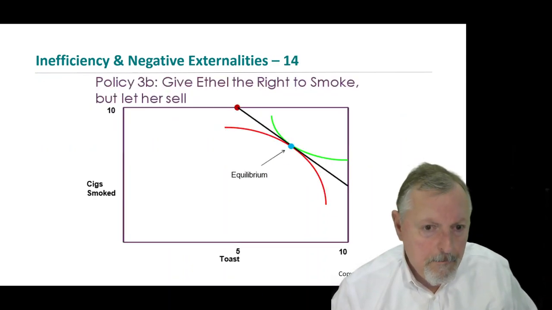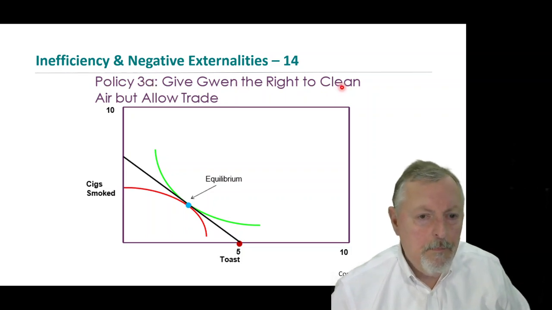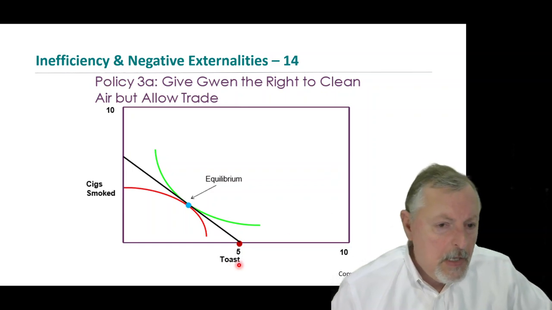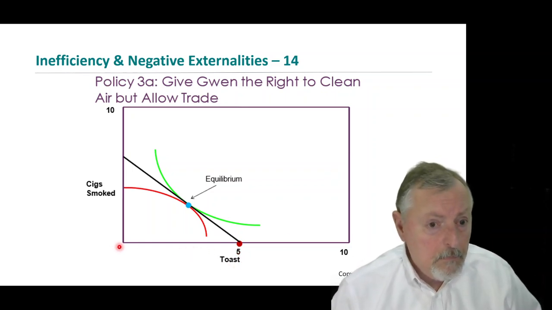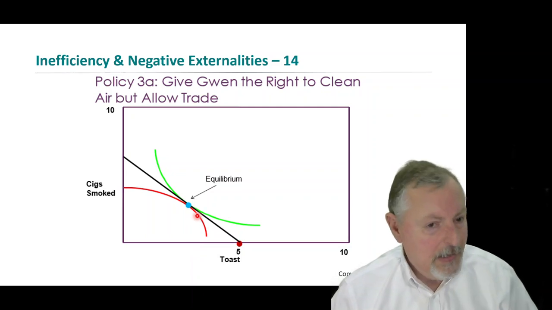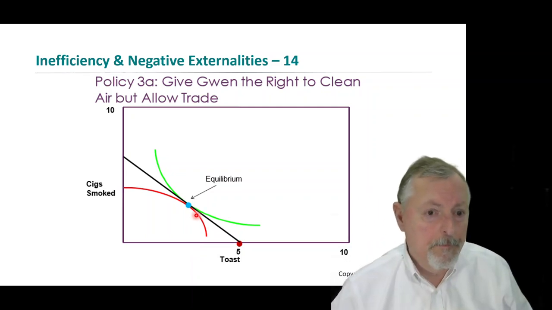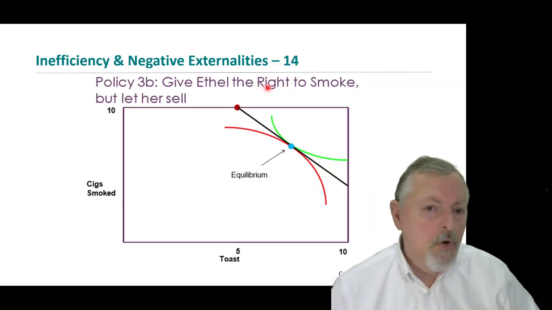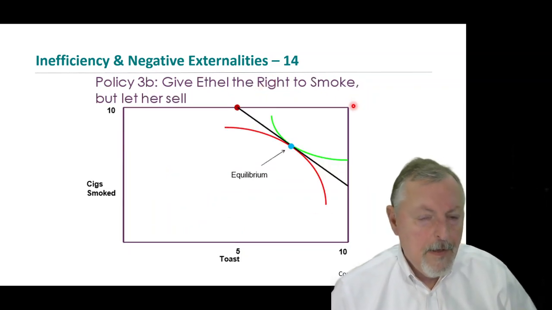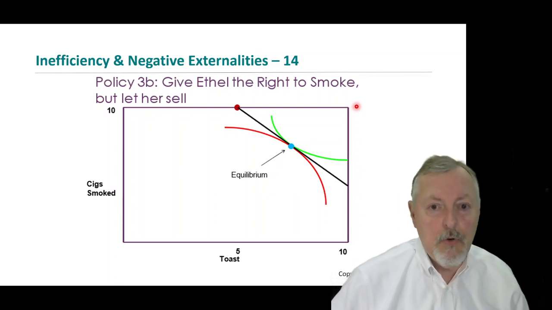Look here. If Gwen owns the air, then the smoker would pay Gwen. Money would go to the non-smoker. But if Ethel, the smoker, owns the air, then the non-smoker would pay the smoker to smoke less.